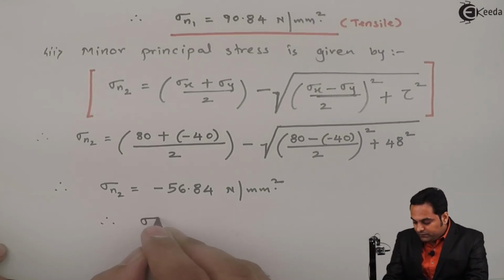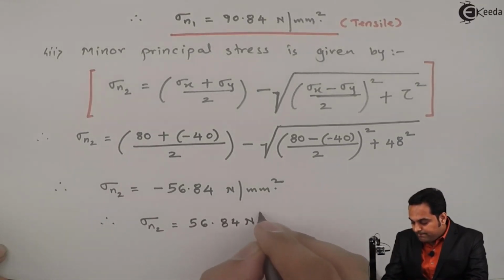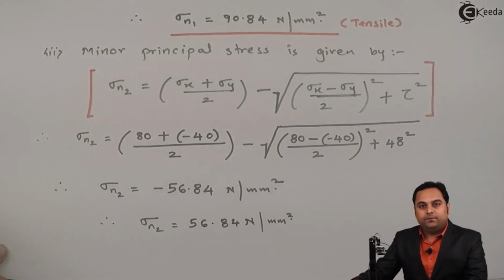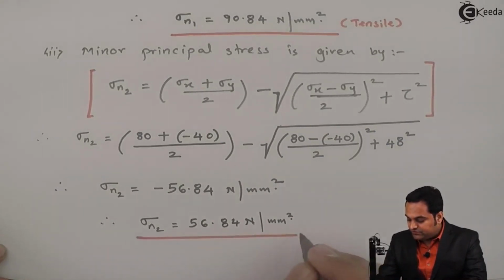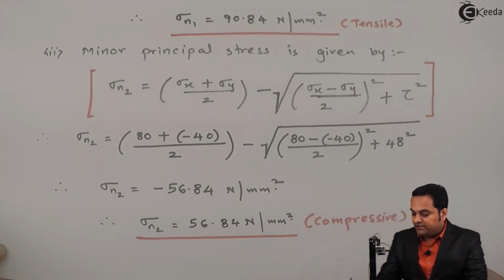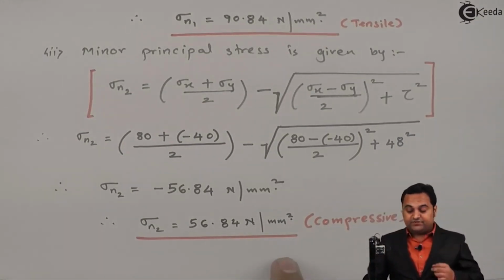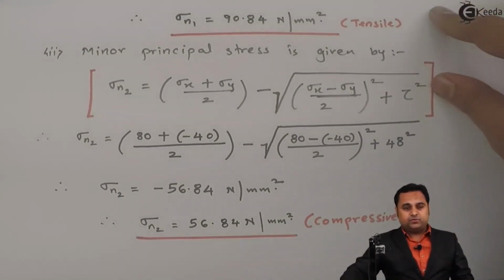So since this answer is negative, it means that the nature of the stress is compressive. So here we have the minor principal stress as a compressive stress, and the major principal stress was tensile.